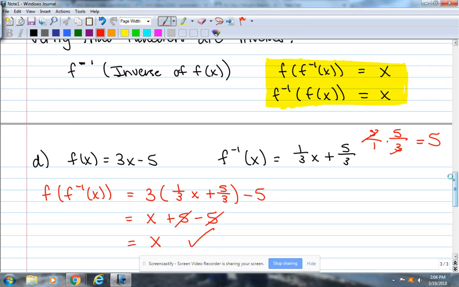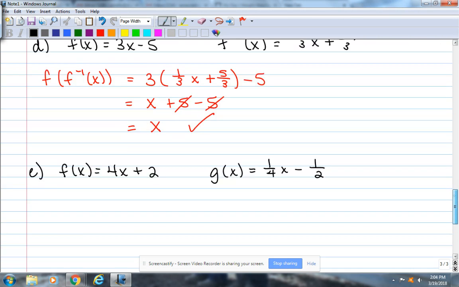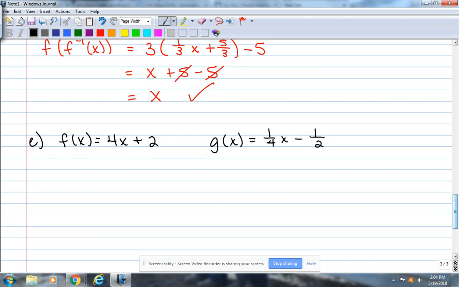Okay? This time they didn't call it f and f inverse. They have called it f and g. So they're saying f of x equals 4x plus 2. g of x equals 1/4 x minus 1/2. And I want to prove that they're inverses of each other.